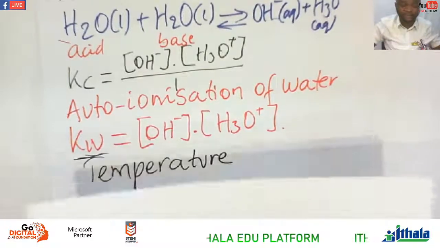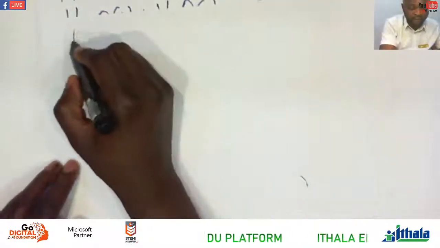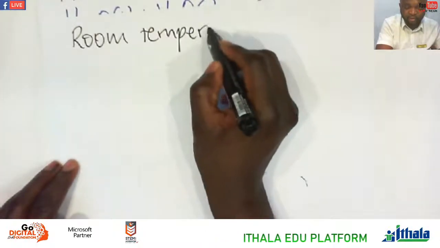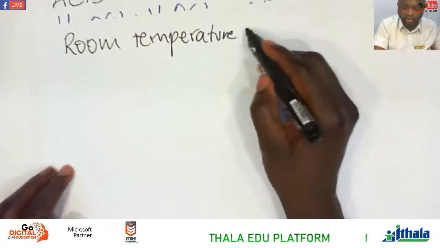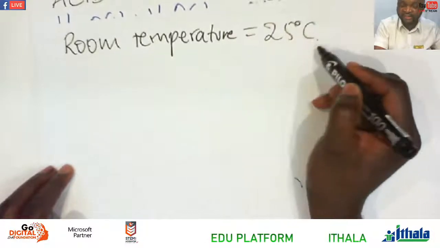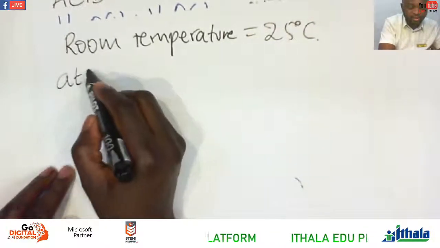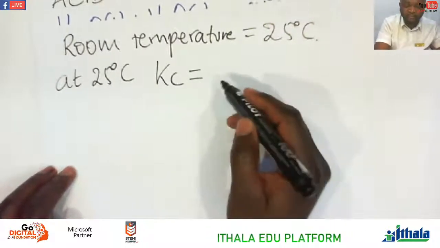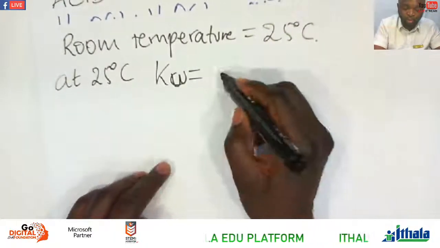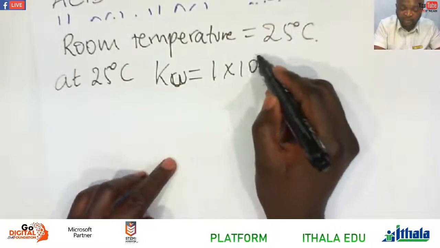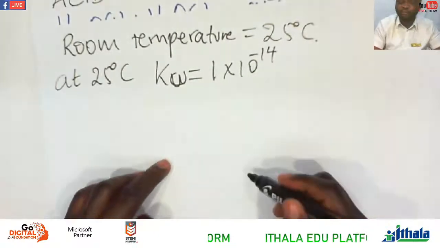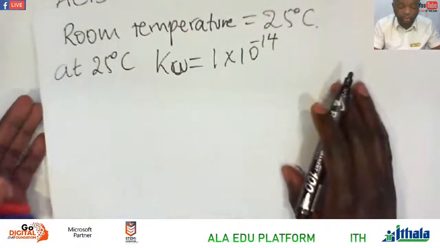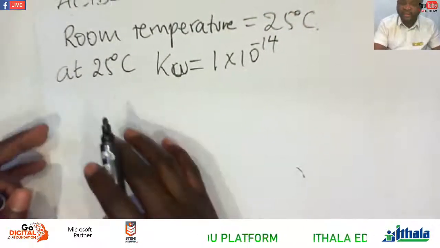At room temperature, which is 25 degrees Celsius, it was found that this Kw is 1 times 10 to the power negative 14. That is the value of the Kc, this Kw, when we are at room temperature.